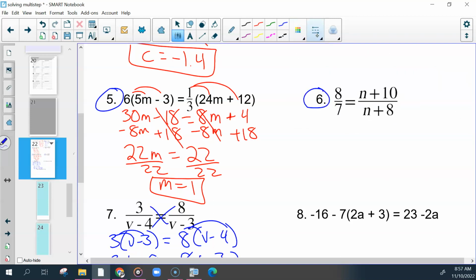And then for 6, what would be our first step? Go ahead. Because we have a proportion, 2 fractions that equal each other. So that would be 8 times n plus 8 and 7 times n plus 10. Distribute.